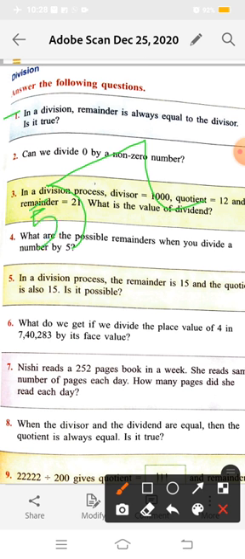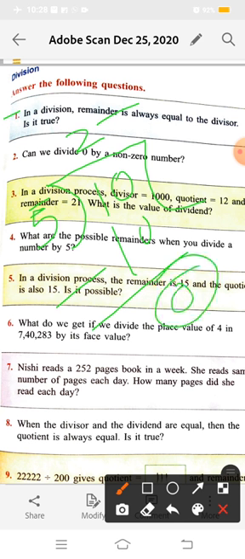Okay, and here we have 10, it's known as the dividend. And when we solve it, 5 twos are 10, so this 2 is known as the quotient. Okay, and then when we subtract, 10 minus 10 is equal to 0, then this 0 is known as the remainder.